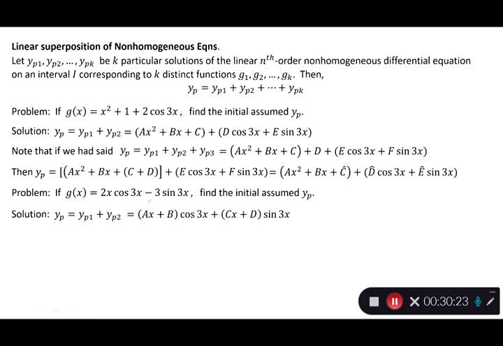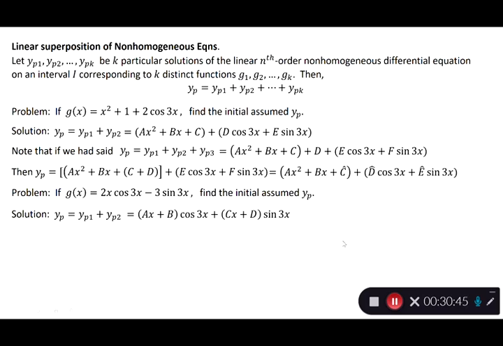Now, plus negative 3 sine 3x. Don't worry about the negative 3. Hey, that's a negative, so should I subtract? Don't worry about it. Just make it a plus. If it turns out that your constants end up being negative as a result of this being a negative, you don't have to worry about it at this stage.